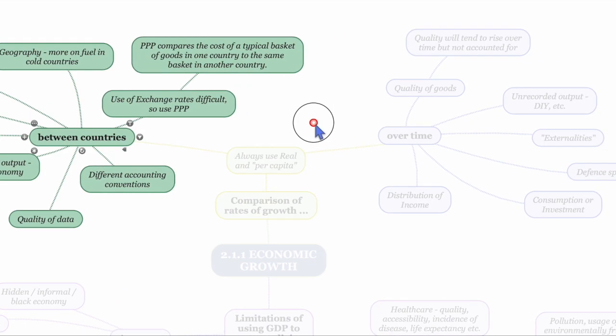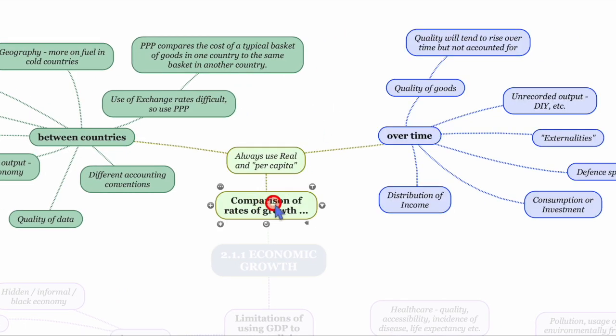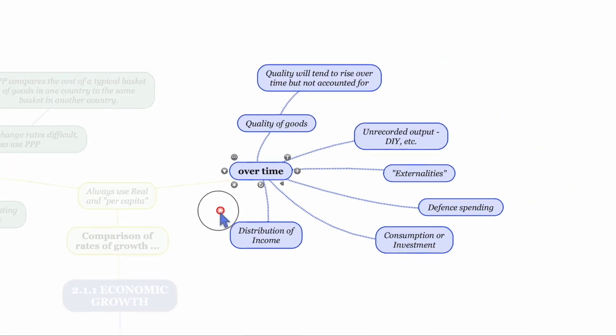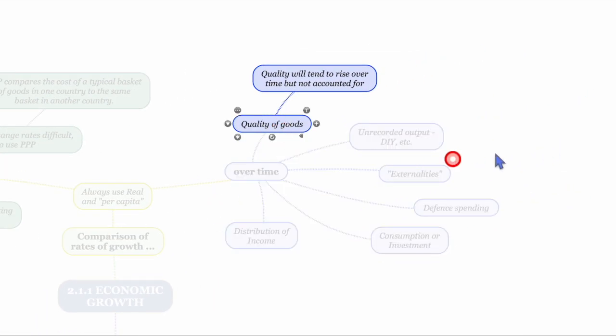Well, what about if we're using rates of economic growth and saying, over time in one particular country, has there been an improvement in living standards? The first thing here, I think, is the quality of goods. The quality will tend to rise over time, but it's rare that you get that accounted for in the GDP figures.